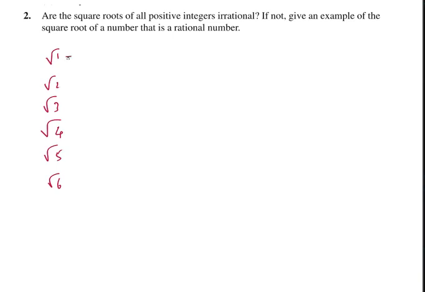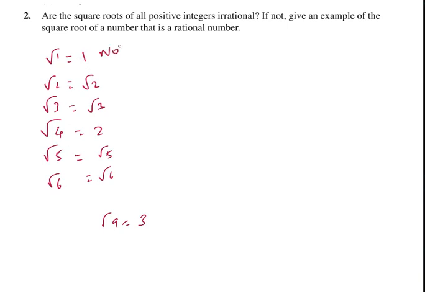Root 1 becomes 1 itself. Root 2 is root 2, root 3, root 4 we can write as 2, root 5, root 6. If we take root 9, it becomes 3. So, is the statement that every square root of positive integers is irrational correct?